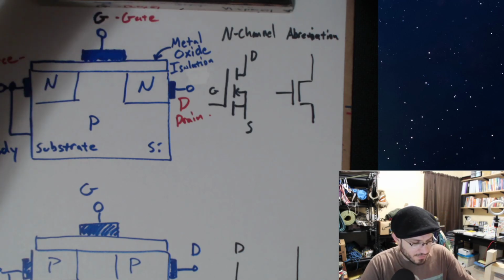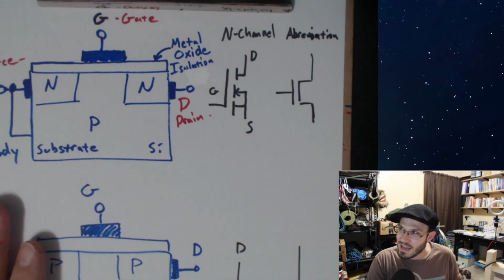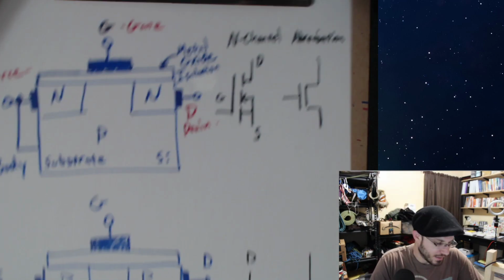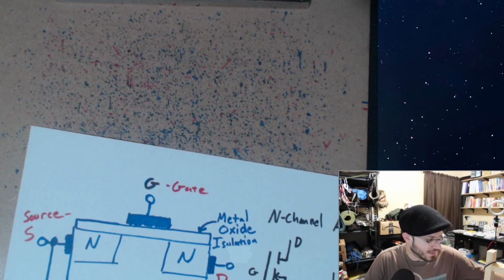So this is the construction. Let's talk about the MOSFET action. Why is it that the voltage controls the drain current?